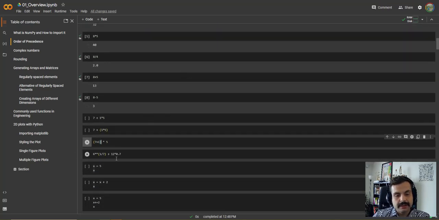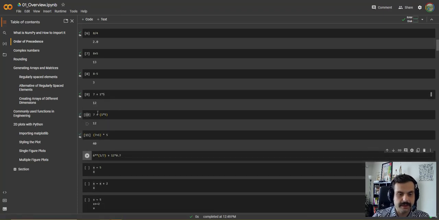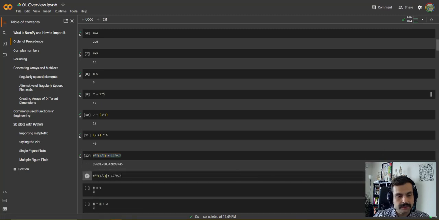And here, let me run these so you can see the final values are different. This one, if we didn't use the parentheses, the division wouldn't happen first, and then we would have had a completely different result.